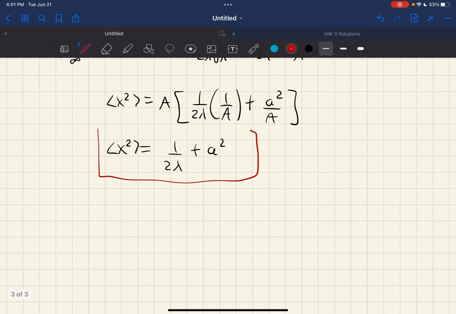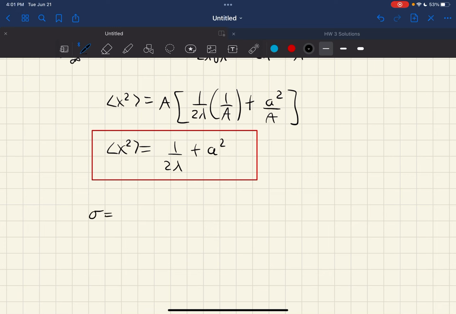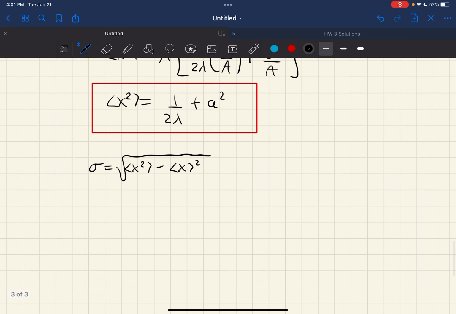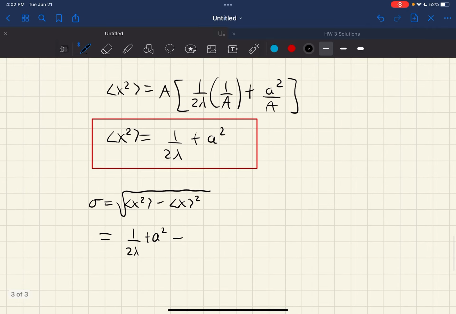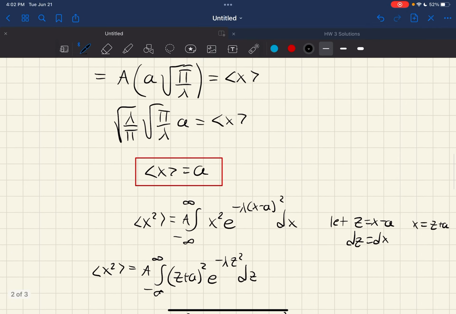Okay, and then for the last part of part B, we just need to find the uncertainty, which is given by the square root of the expectation value of x squared minus the expectation value of x quantity squared. And the expectation value of x squared we just found, it's 1 over 2 lambda plus a squared. And we have to subtract off the expectation value of x, squared.